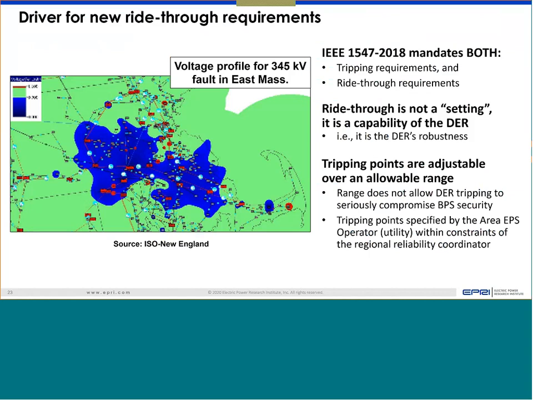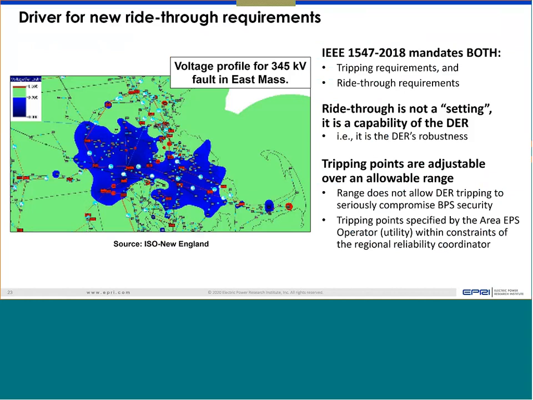This is another study, done most recently by ISO New England. Same thing: it shows that if there is a fault on the 340 kV system line, this entire blue area will see a suppressed voltage. This voltage will be lowered because of the fault, and as a result, if you don't have ride-through capability, then all the DR connected in those areas will be disconnected.